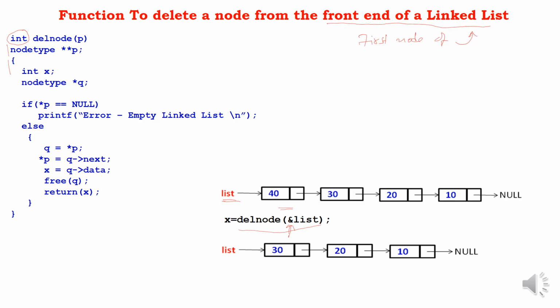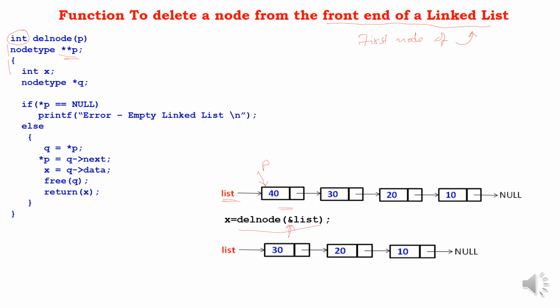List is going to be modified, so we need to pass it as a reference parameter. Whenever you pass a reference parameter, it becomes a pointer. Already it is a pointer, so we use 2 pointers here. So asterisk p is the address, asterisk p is your value. Then inside the function, p is your list.